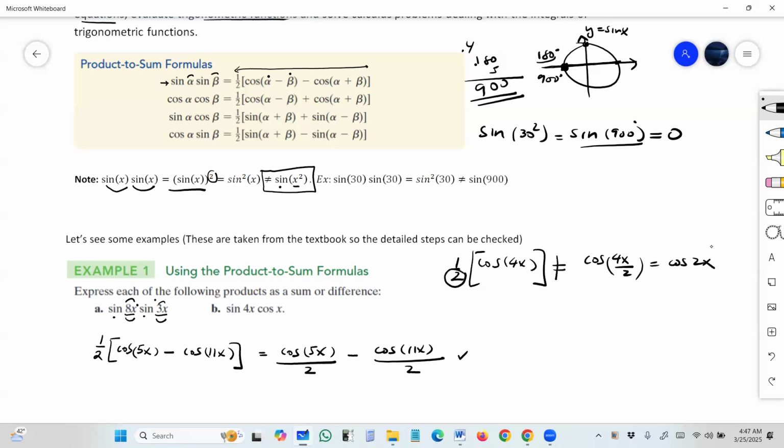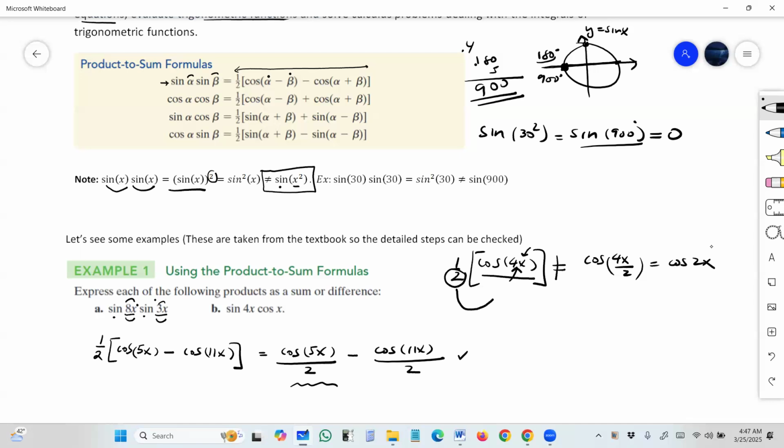This number does not divide the angle. It divides the whole cosine, look at the way I wrote it here. So the fraction in here divides the whole cosine expression, not the angle for x.